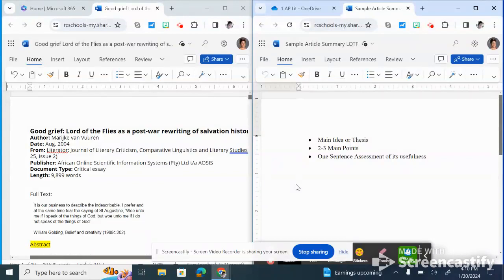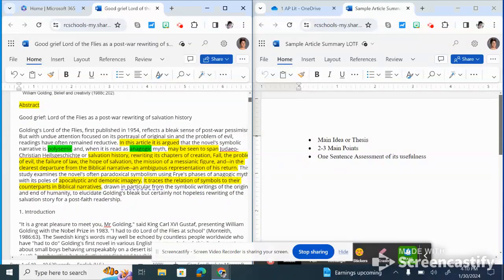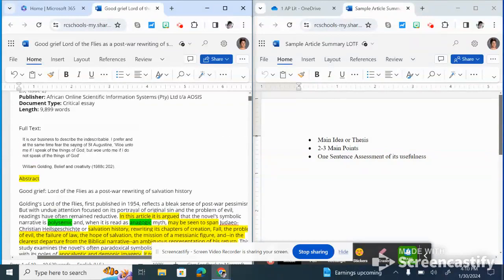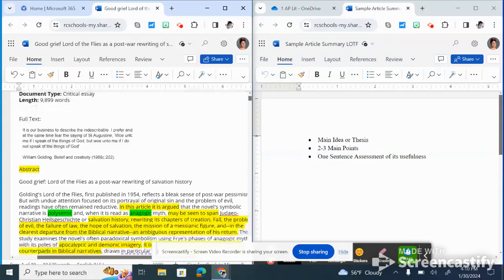So, to get the main idea or the thesis statement, you need to start by reading the abstract or the introduction. So, I'm using this sample article about Lord of the Flies. It says Lord of the Flies as a post-war rewriting of salvation history.